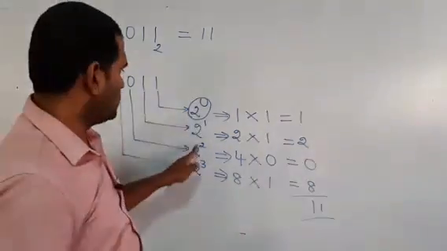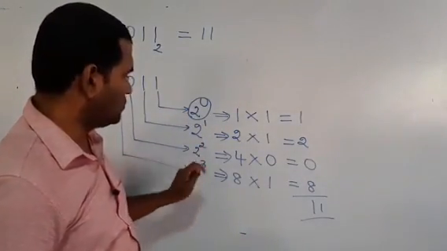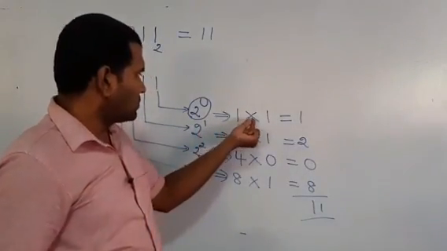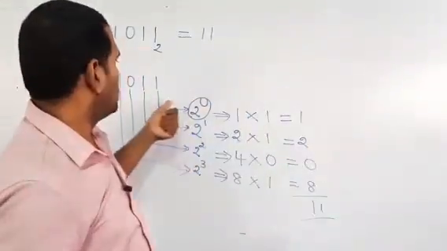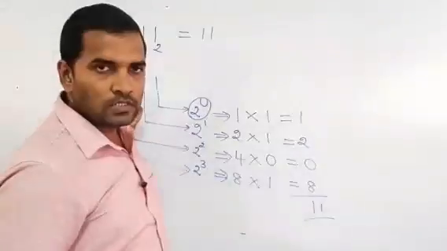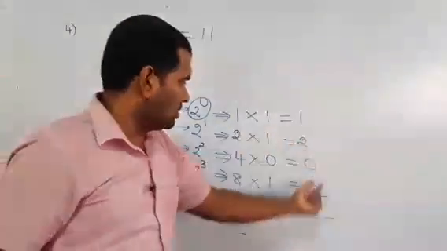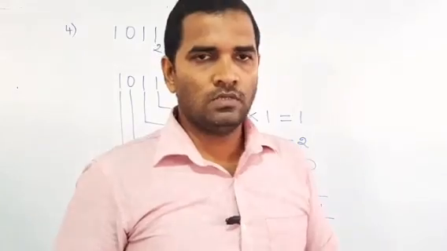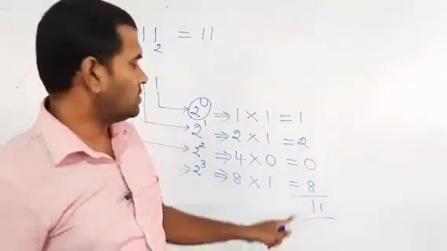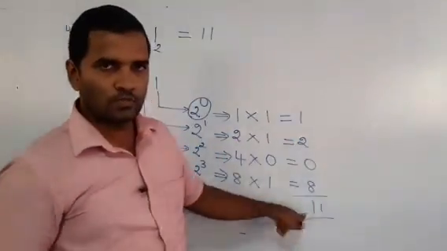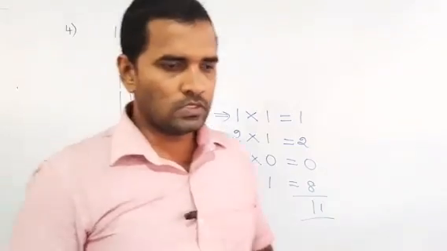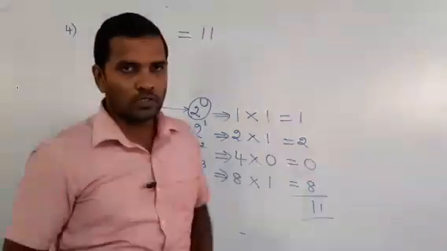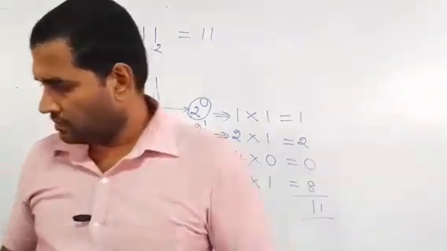So 2 to the power 0, 2 to the power 1, 2 to the power 2, 2 to the power 3. After getting those values, you need to multiply each by the relevant digit. Finally, add all those and get the sum, get the total. According to this example, it's 11. So this is binary to decimal conversion. So let's check the other one.